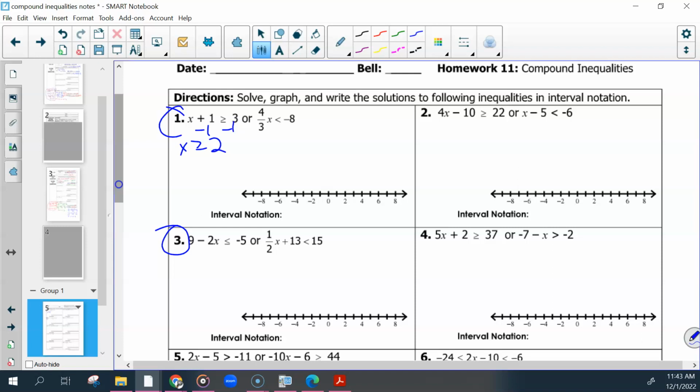What would we do to it? How would we get rid of this fraction? It's right next to x.